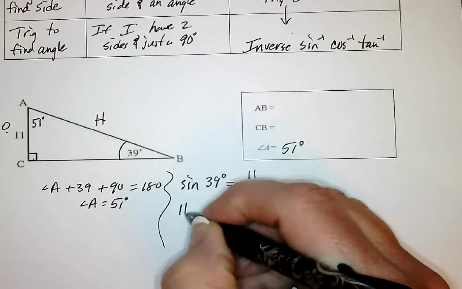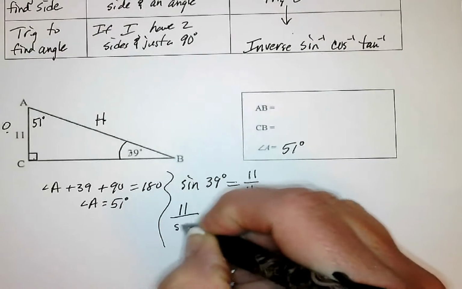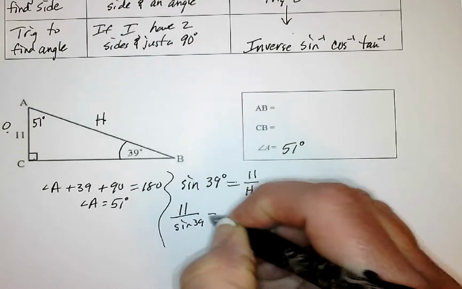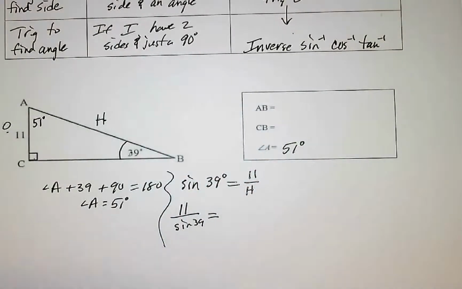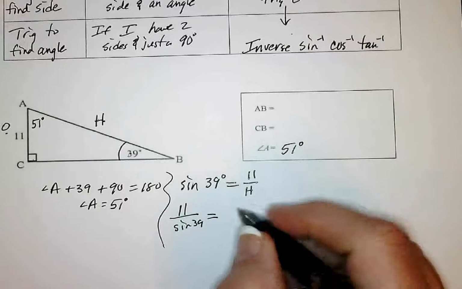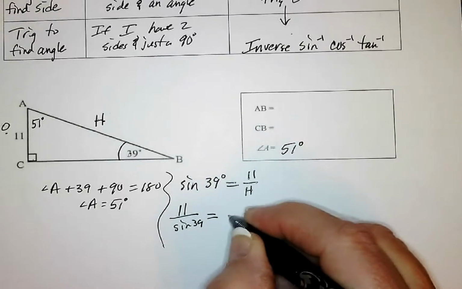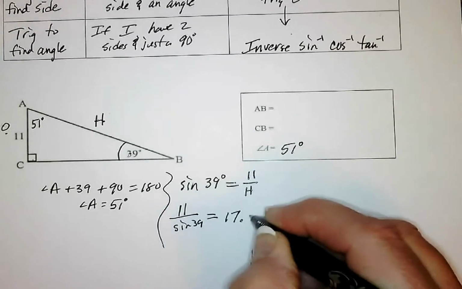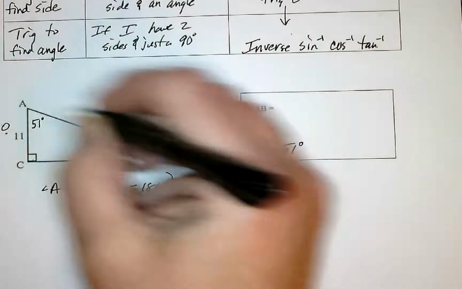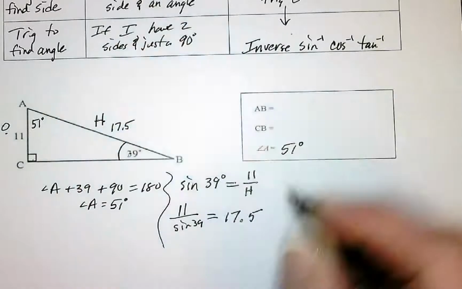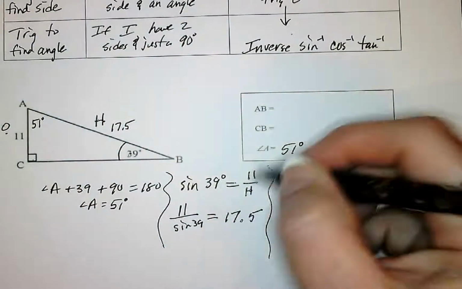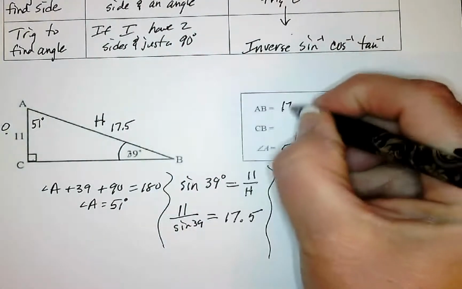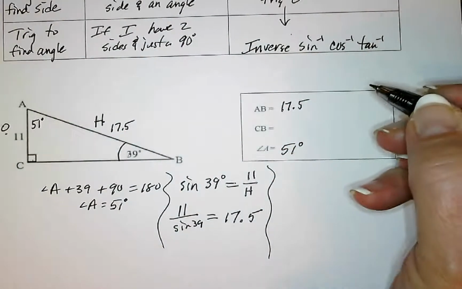So 11 divided by sine 39 equals, and this is going to be a side, so round to the nearest tenth, 17.5. So this side right here, that is AB, 17.5.